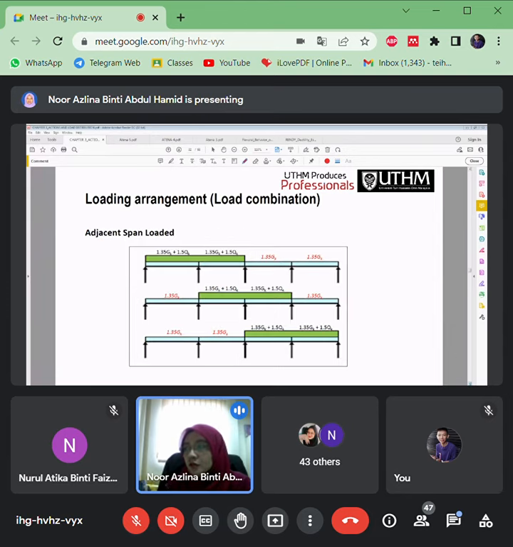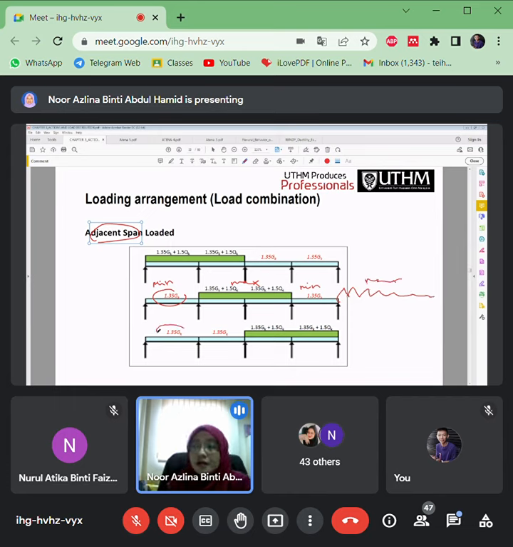Then we have another one which is adjacent, which is 2 by 2 here. Maximum for the first two spans, then continue with the minimum for two spans and continue with two spans for maximum. Or start with only one span of minimum, then continue with two spans of maximum and one span of minimum, and then two spans for the maximum.